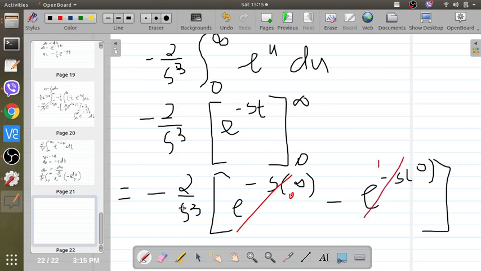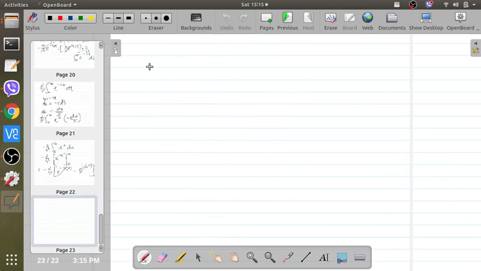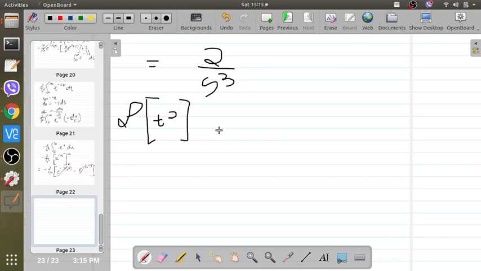So negative 2 over s cubed multiplied by negative 1 is equal to 2 over s cubed. Therefore, the Laplace transform of t squared is equal to 2 over s cubed.